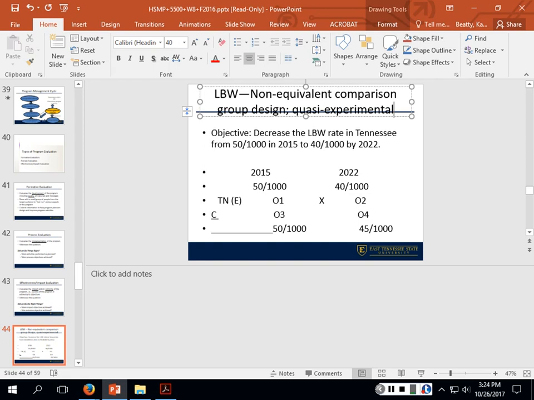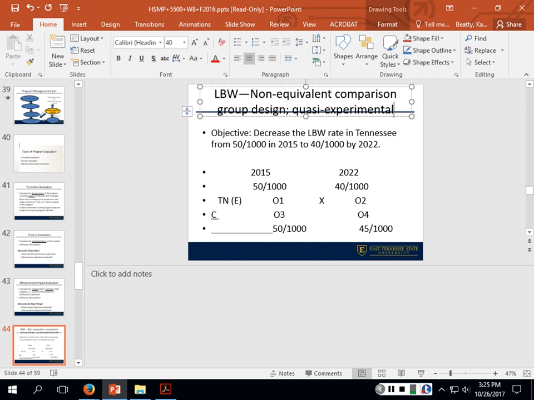What's important is that you select a comparison group, again, that is as equivalent as possible to your experimental group at baseline, so you're not starting with apples and oranges. And this design does offer some control over history bias. Not full control, but some control, which increases the validity of the findings relative to the non-experimental design that we reviewed earlier.